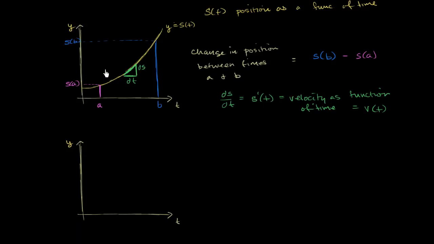If this really is a parabola, then the slope over here is 0. The rate of change is 0, and then it keeps increasing. The slope gets steeper and steeper. And so v of t might look something like this. So this is the graph of y is equal to v of t.